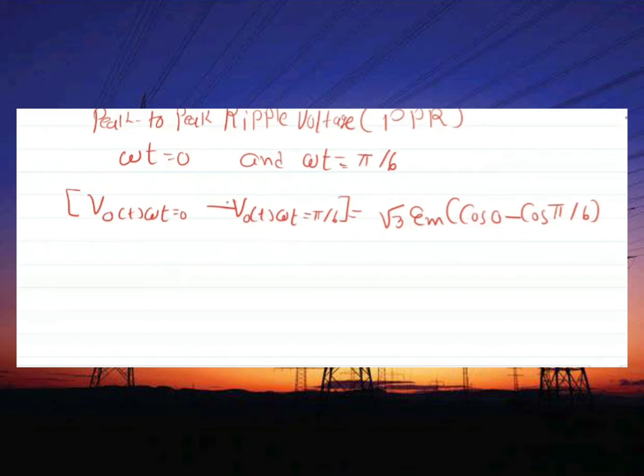Now what is this? It is your peak PR. By simply calculating, we get root 3 EM into cos 0, which is 1, minus cos pi by 6, which is 0.866.